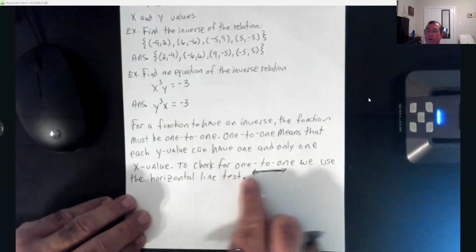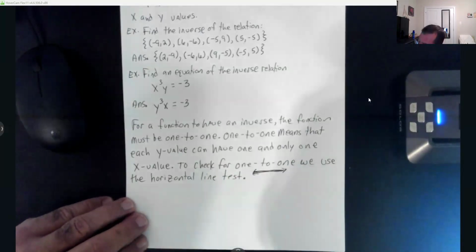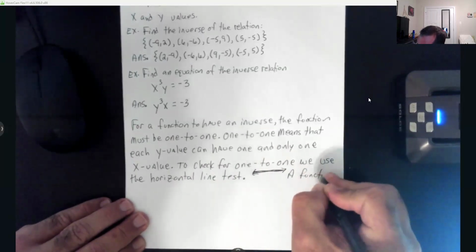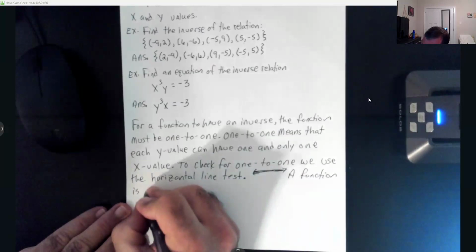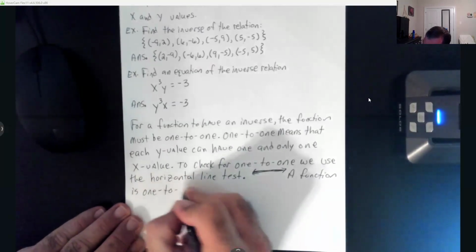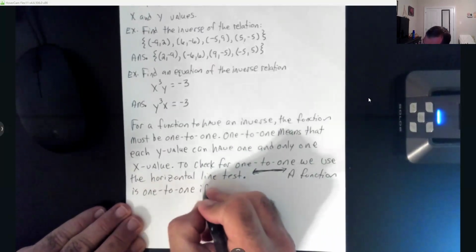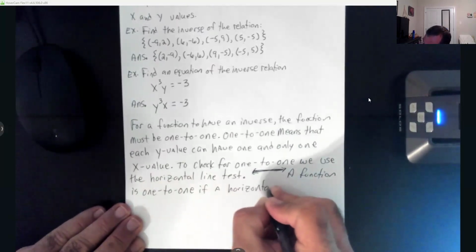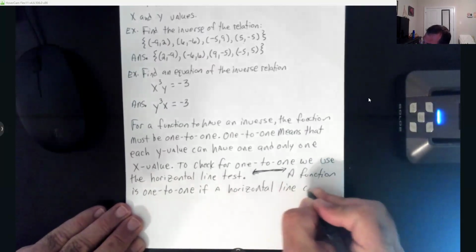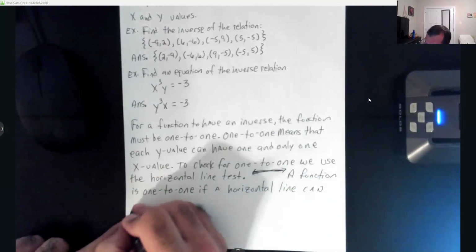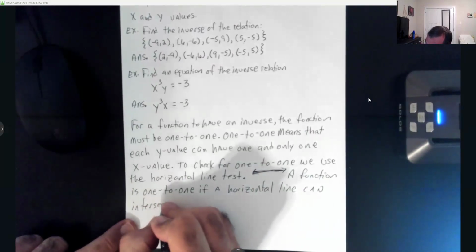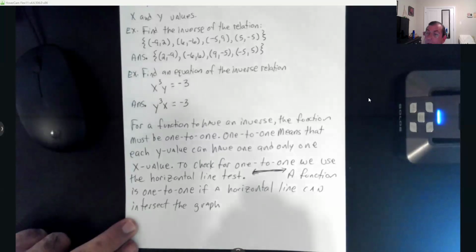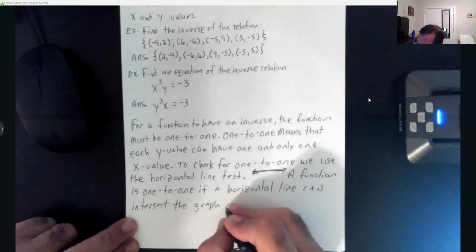There. So horizontal line straight across. So what that means is a function is 1-to-1 if a horizontal line can intersect the graph just once.